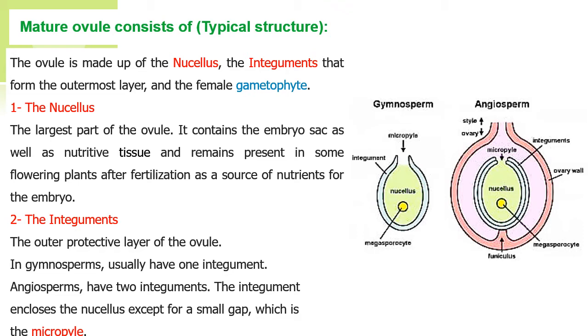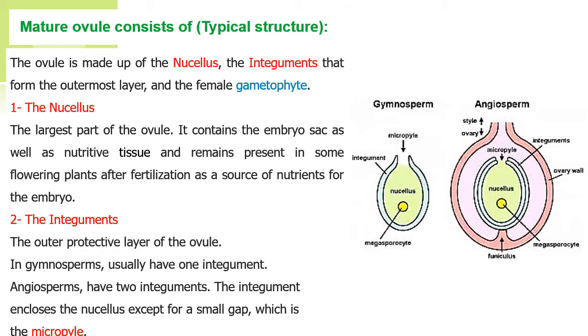The nucellus is the largest part of the ovule, containing the embryo sac as well as nutritive tissue, and remains present in some flowering plants after fertilization as a source or reservoir of nutrients to provide the embryo with nutrients. This is the nucellus, which is the main part of the ovule, containing nutritive or stored nutrition for the embryo.